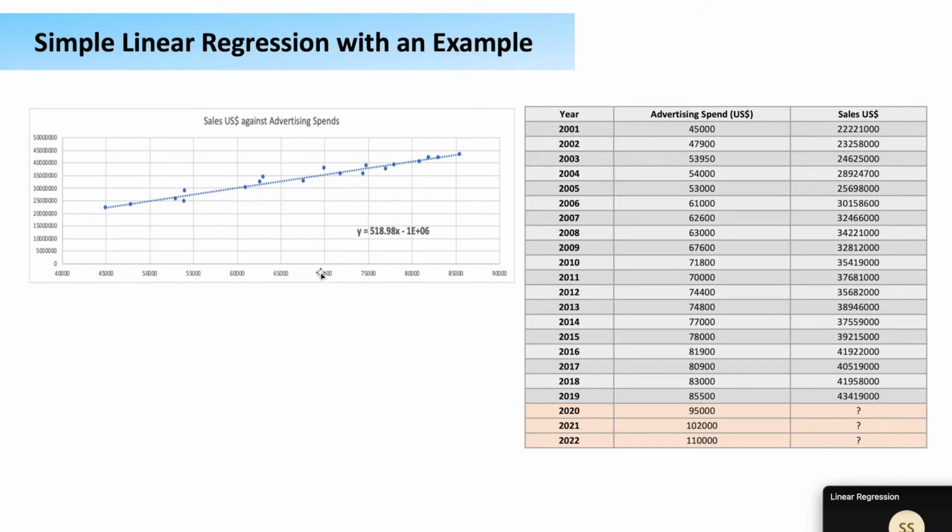So 45,000, this is the first data point, and your revenue is $2.2 million, which is around this in the scale of y-axis. Okay, so this is your first data point. This is the second data point, which corresponds to 2002 data, etc., etc.